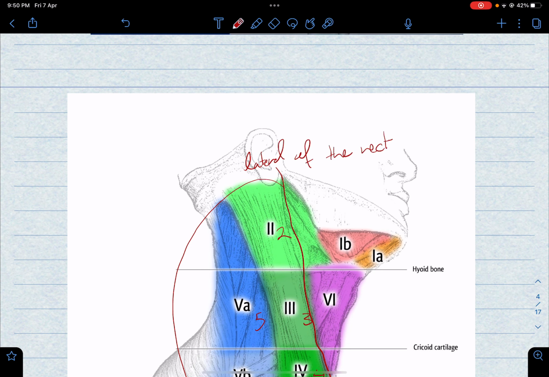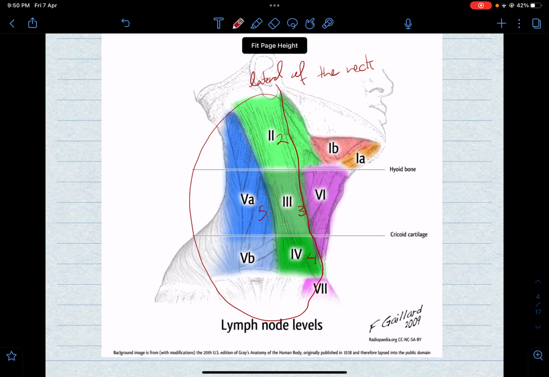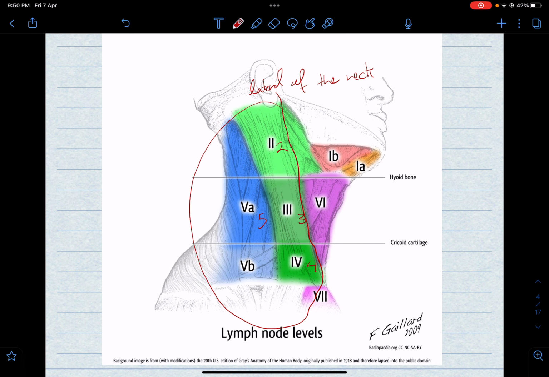So they are called lateral neck groups or lateral lymph nodes: 2, 3, 4, and 5, except level 1 and level 6.